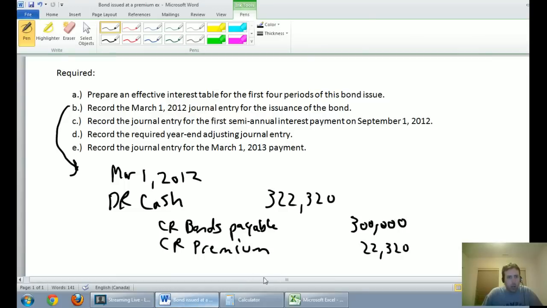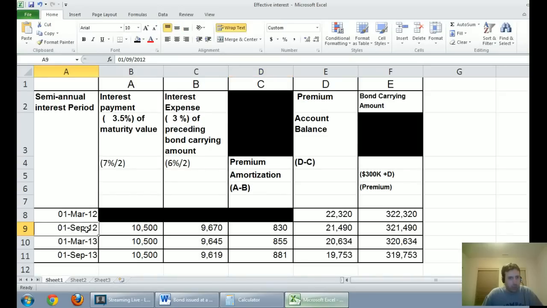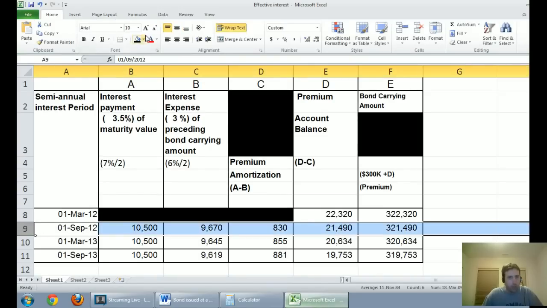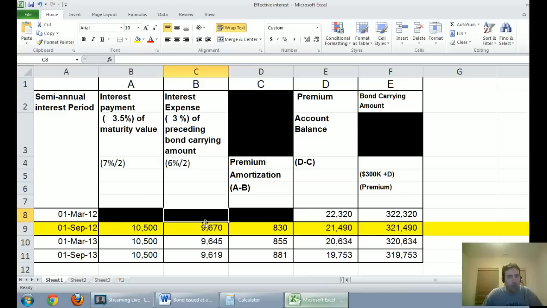Our next journal entry is, of course, September 1st, 2012. We'll highlight that row and do the entry. Interest payment: we're going to pay 10,500 cash. Interest expense is 96.70. We always debit expenses, so credit cash for the interest payment, and debit the interest expense for 96.70. We'll deal with the premium last.